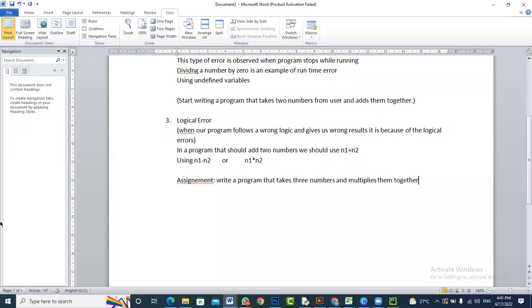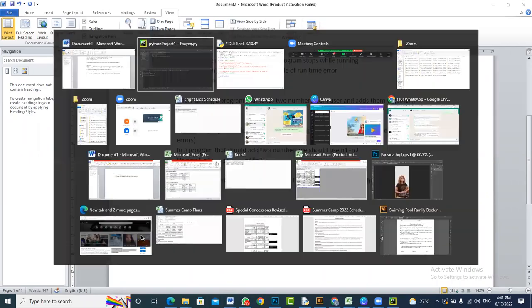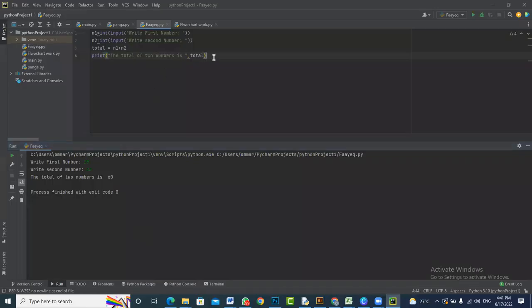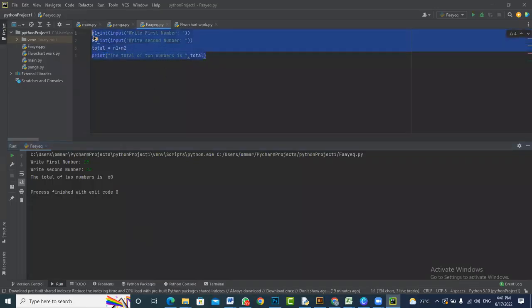You have to write a code like that. Three numbers, that's very easy. You add first the number, then plus, then number, then plus. That's it. So you have to do this.